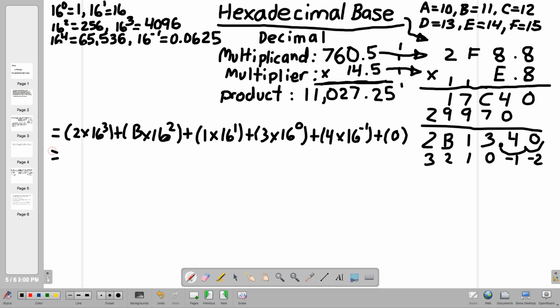So we got 2 times 16 to the third power is 4,096. And the letter B is represented as 11. And then 16 to the second power is 256. And then we have 1 times 16.